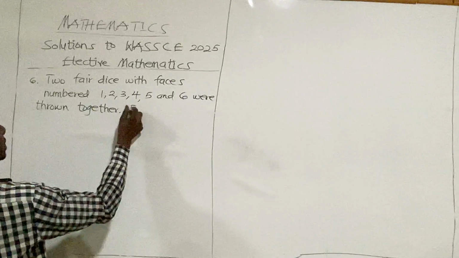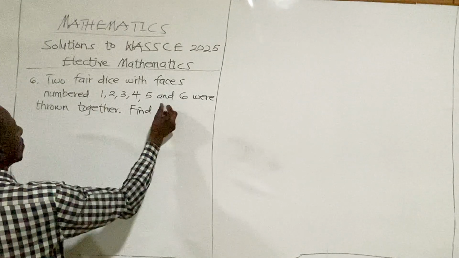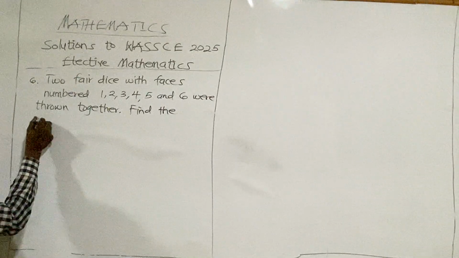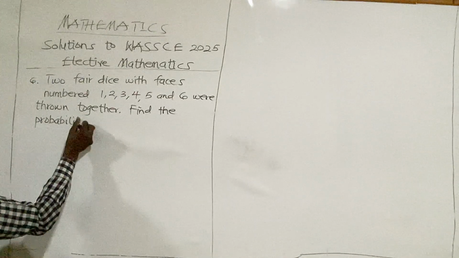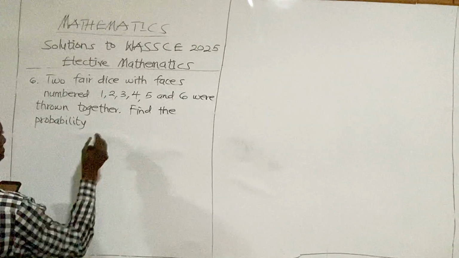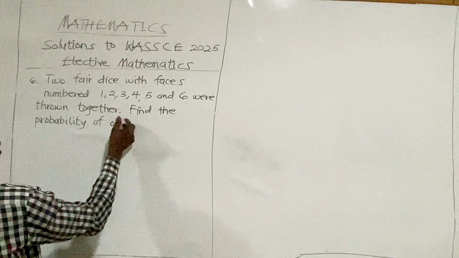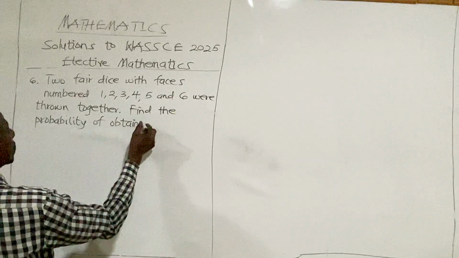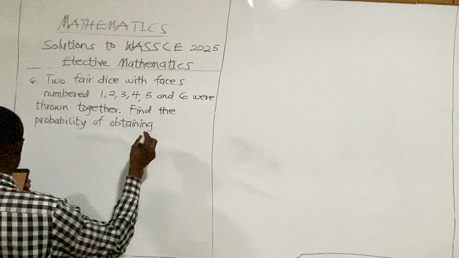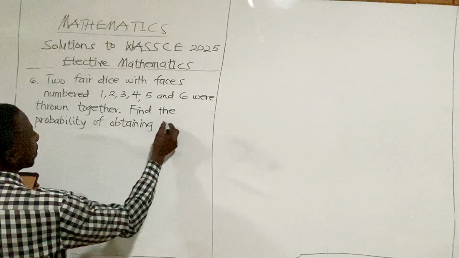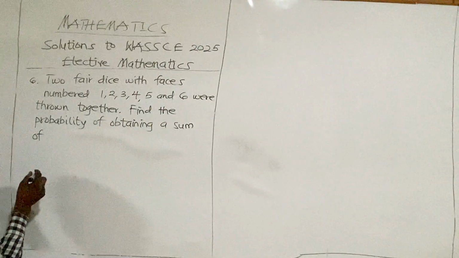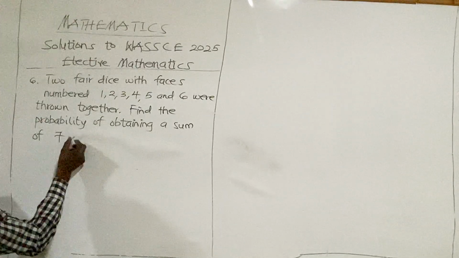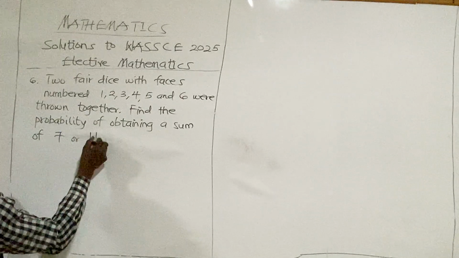Find the probability of obtaining a sum of 7 or 11.